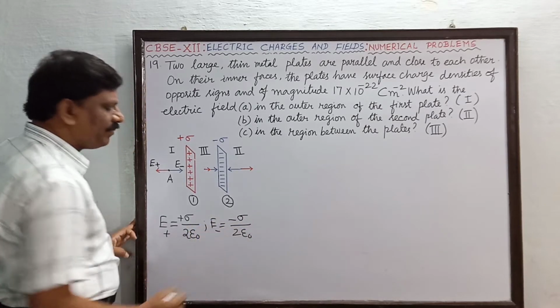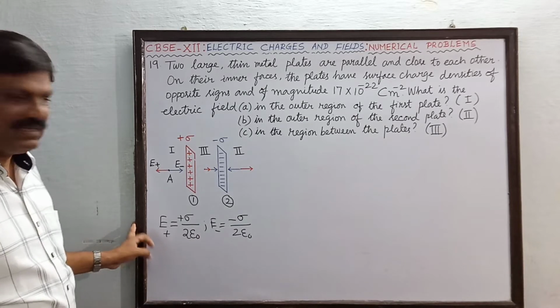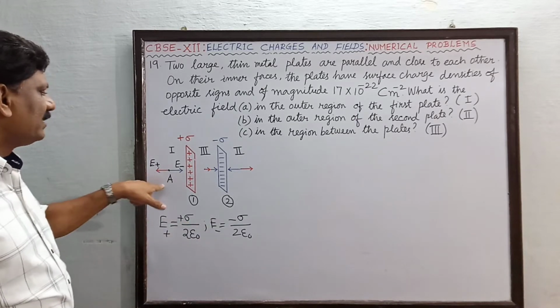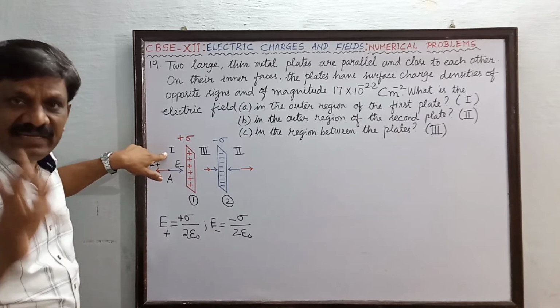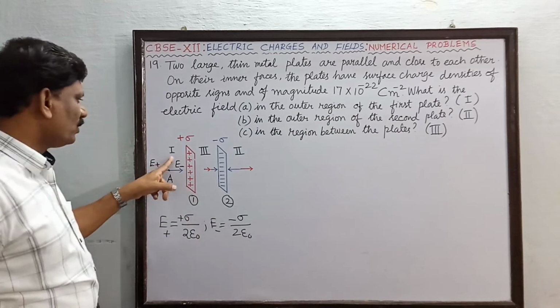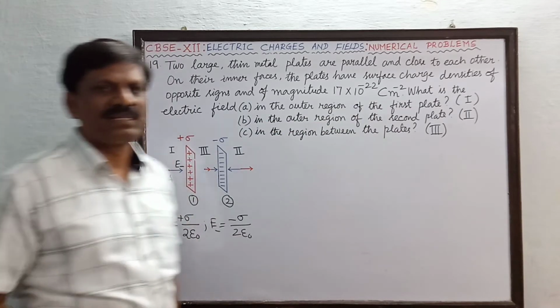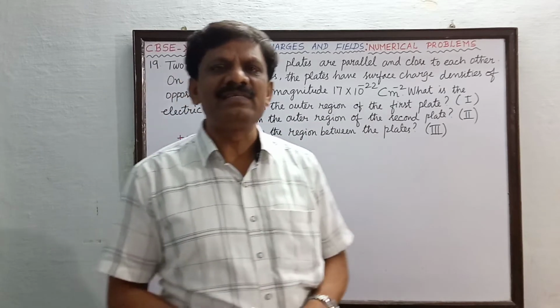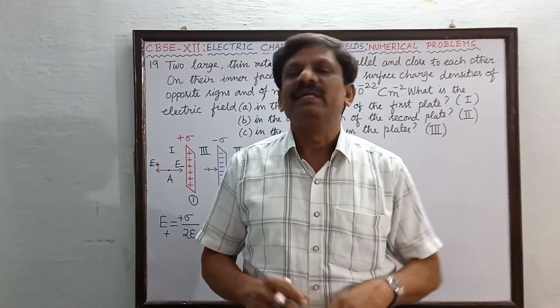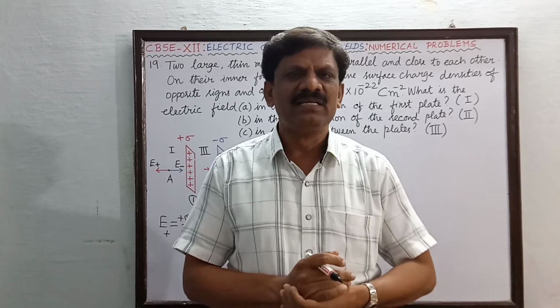These are the magnitudes. Okay students, you tell me, at this point A in region 1, the outer region of the first plate, how many electric fields are there? There are 2 electric fields. Their magnitudes are equal, but the directions are opposite, is it not?